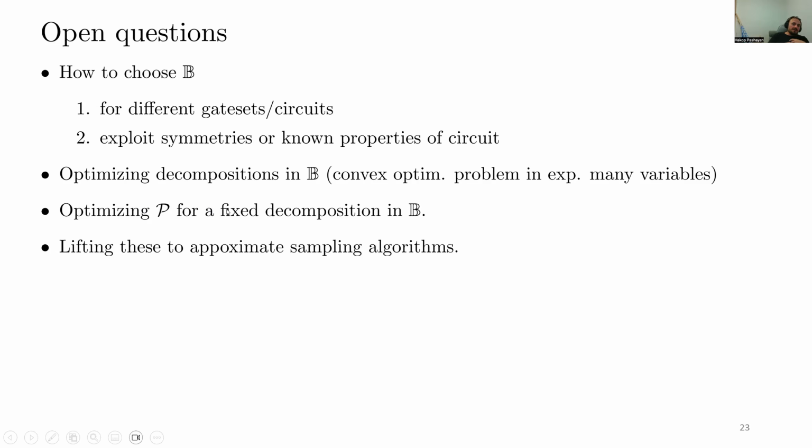For a fixed decomposition in B, there is a global optimal probability distribution to sample from, but that can be hard to sample from, and the local optimal probability distributions, which are easy to sample from, are not globally optimal, so there's a trade-off in figuring out how to do this best. And there's also the problem of lifting these estimators of probabilities to sampling algorithms. I think this is very much doable, and just needs a bit of work.